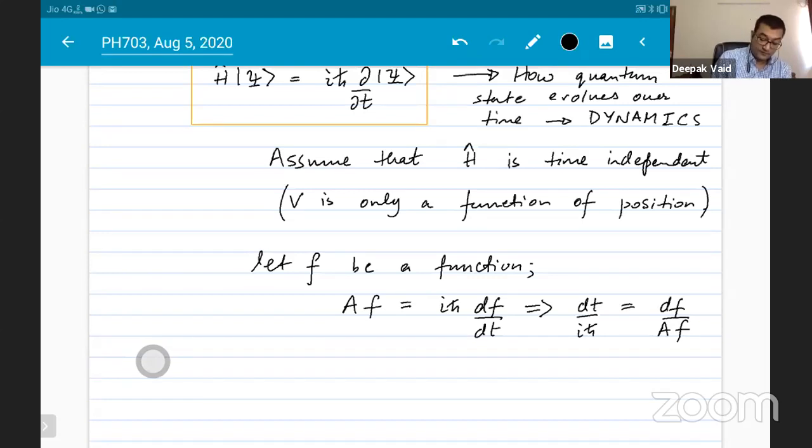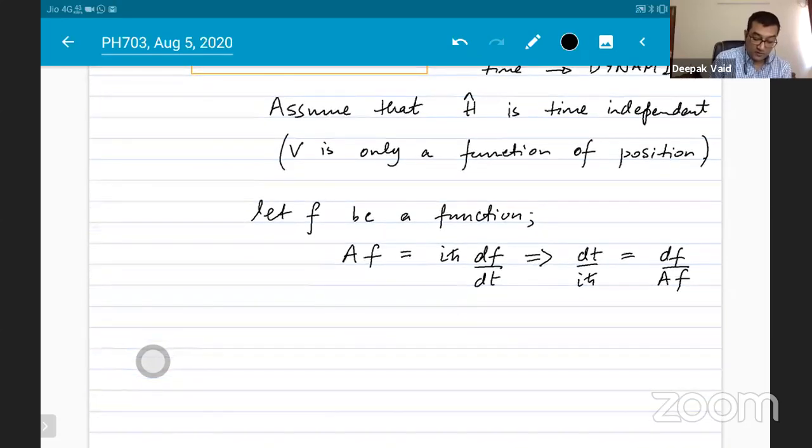Now this can also be written as minus i over h bar dt is equal to 1 by A times df by f. For the time being, just imagine that A is some constant. Okay. Now I can integrate both of these sides.